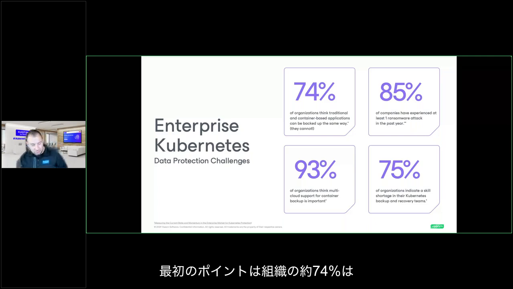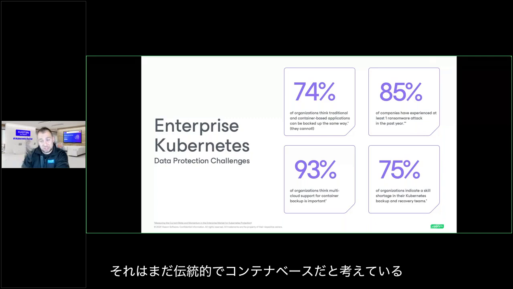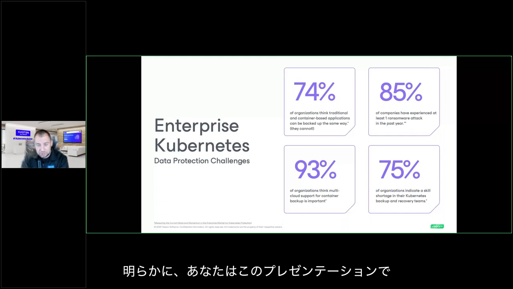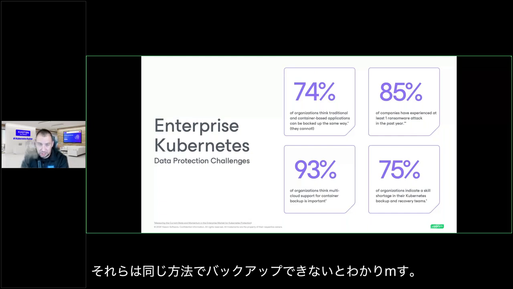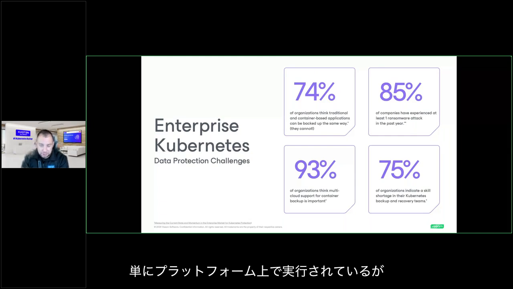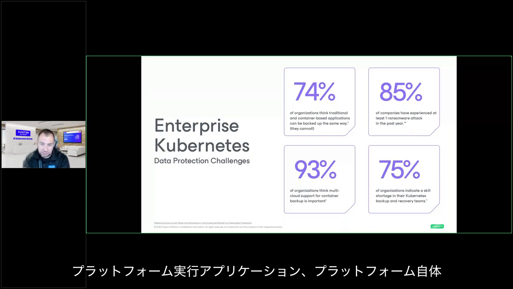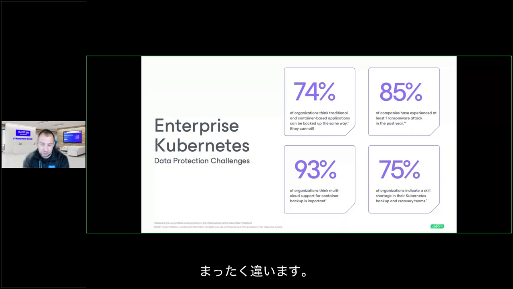The first point is about the 74% of organizations that still think that traditional and container-based applications can be backed up the same way. Obviously, you will see during this presentation that they cannot be backed up the same way, simply because between the platform running virtual machines or bare metal servers and a Kubernetes platform running applications, the platform itself is completely different.